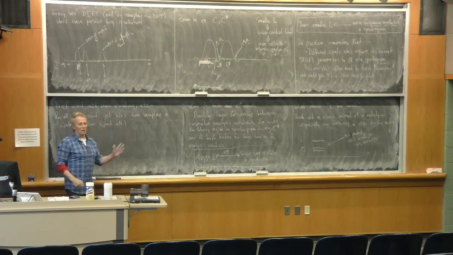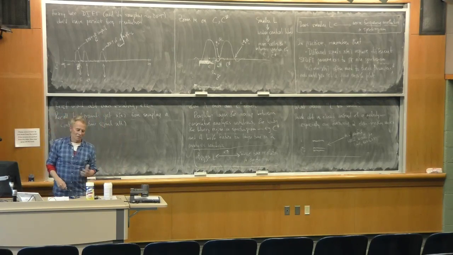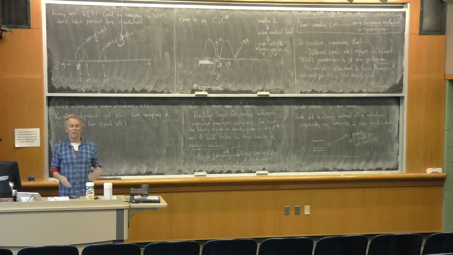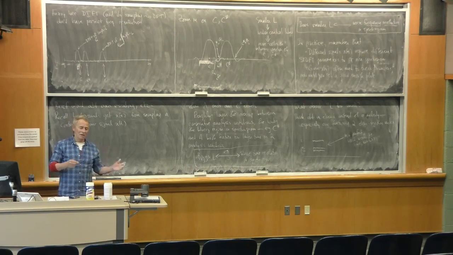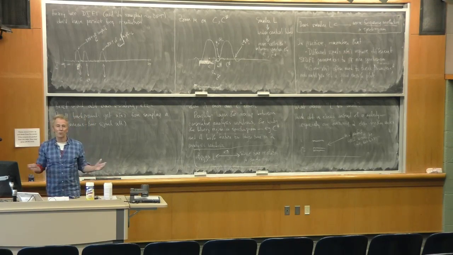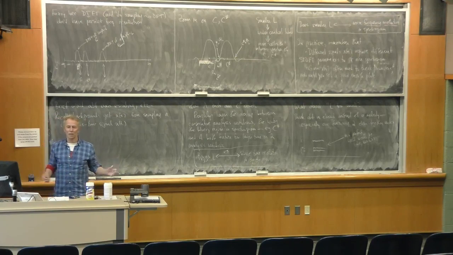Assume you do this fast enough. x of t has finite duration, so it's not band limited, but you can think of x of t, if it's a piece of music, say, as having its frequency content all between plus and minus 20 kilohertz.